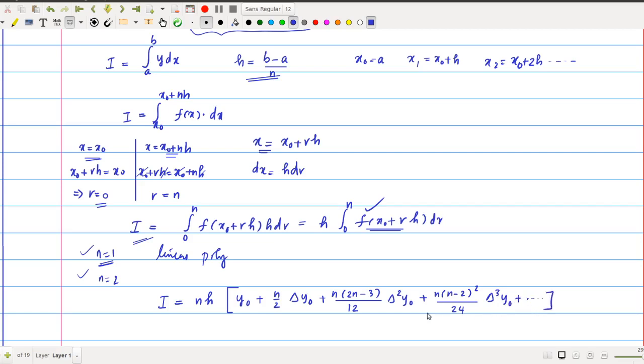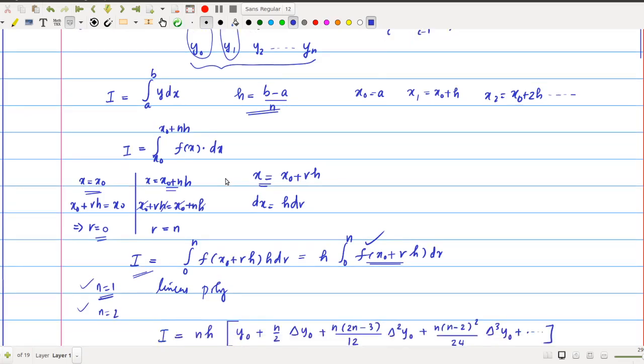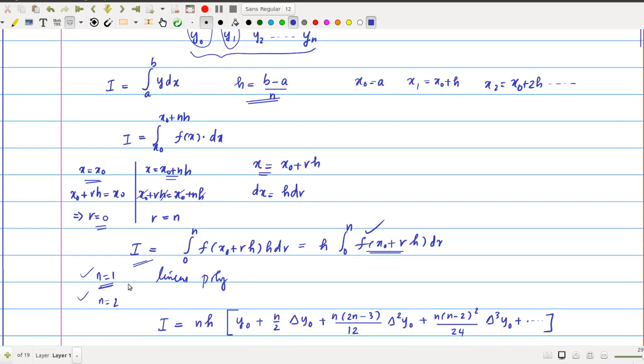So if you are considering n is equal to 1, we know that n is equal to 1 means we have only these points x naught, y naught, and x1, y1. So if we are given only two points or only two coordinates, then you use the formula when n is equal to 1. In that case, the delta square of y naught, the second order forward difference, and the third order differences are 0, so you can neglect all these terms.